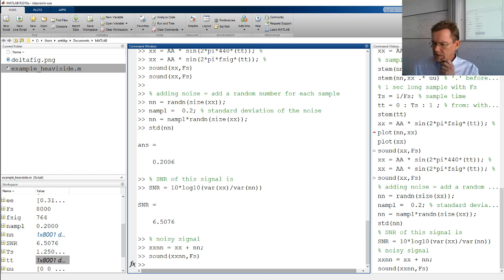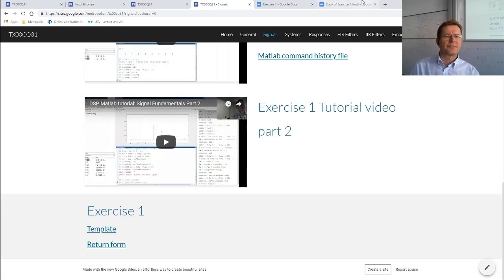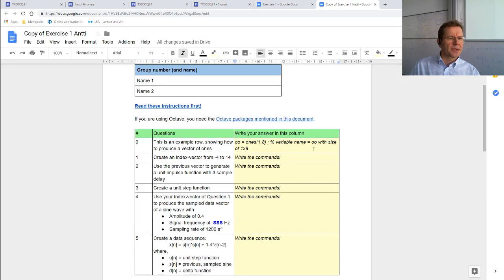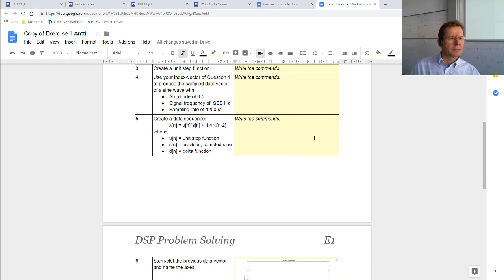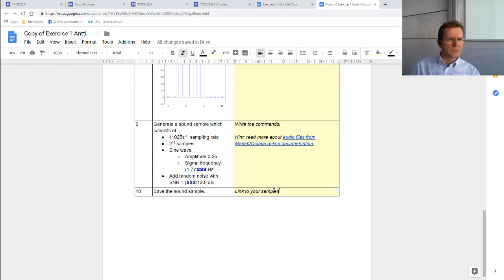Only a couple of things to do for this exercise. In my exercise, I'm asking you to make that sound sample available for anyone.